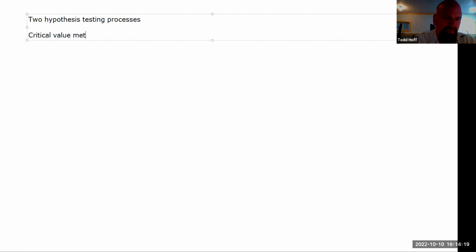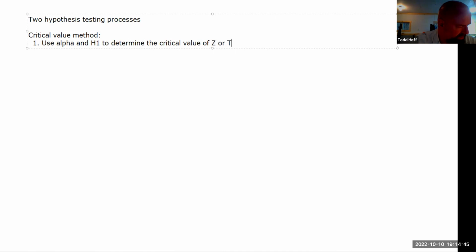So in the critical value method, the first step is we use the alpha value and the alternative hypothesis to determine the critical value of Z or T for the test.